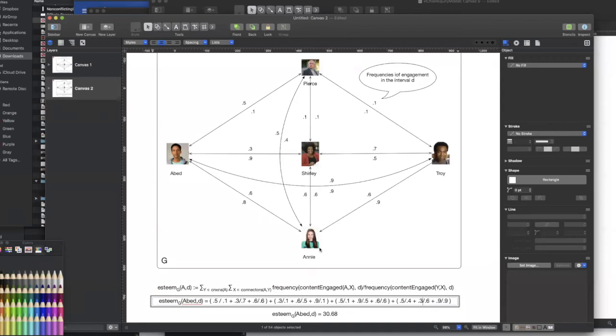So that's another way to check. So you can either just visually check, okay, can I get from Abed to Annie via Pierce? Yes. Can I get from Abed to Annie via Troy? Yes. Can I get from Abed to Annie via Shirley? Yes. Right? There's no one else. So you can do it exhaustively by just using your eyes, or you can reason about the graph structure. Either way will arrive at the number 3. Does that make sense?